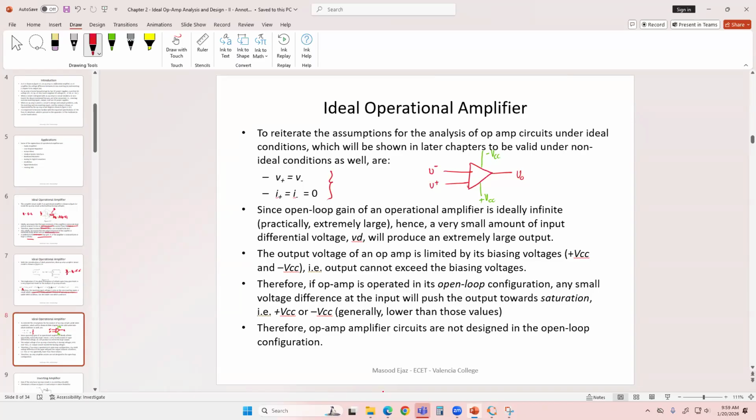So you have about 20.5 volt on the positive side, and negative 20.5 volt on the negative side. As soon as that voltage exceeds 15 volt, it is going to be clipped and become saturated, because it cannot exceed 15 volt. And likewise, as soon as it exceeds the negative side, it's going to clip, and this will keep on going. So it will not go beyond 15 volt, and it will not go beyond negative 15 volt.